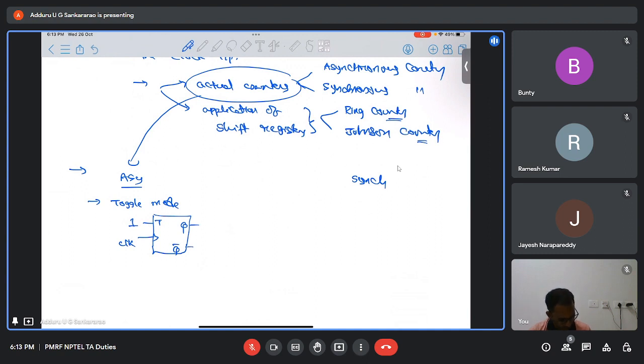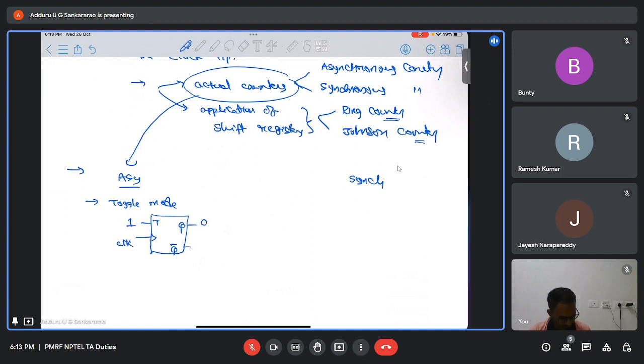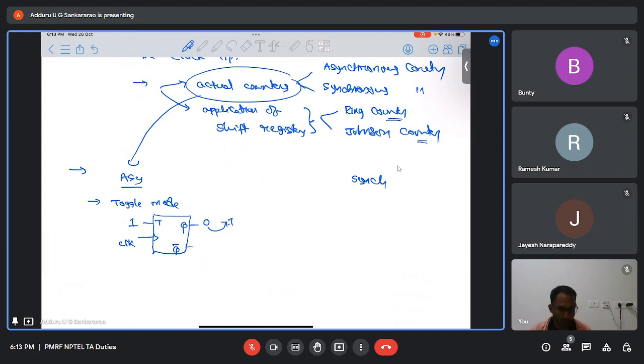Whenever the previous state was 0, it should go to 1 at the application of the clock pulse, and whenever the previous state is 1, it should go to 0. So the output oscillates between 1 and 0. That is toggle mode. A JK flip-flop can also operate in toggle mode when J and K are both ones. An SR flip-flop we cannot use. So for an asynchronous counter, we need flip-flops in toggle mode.